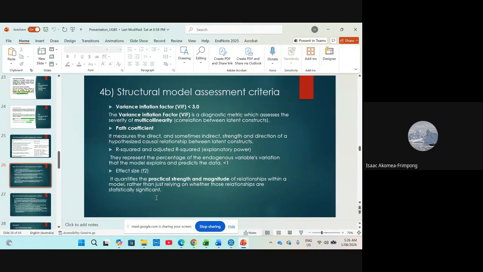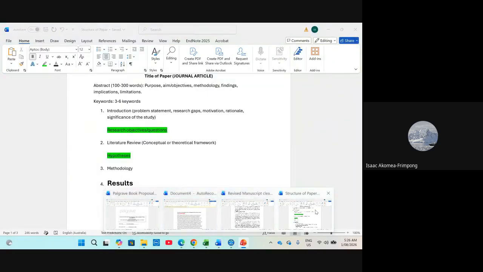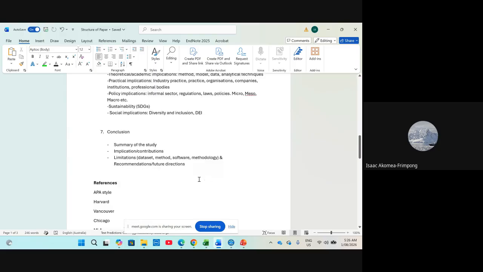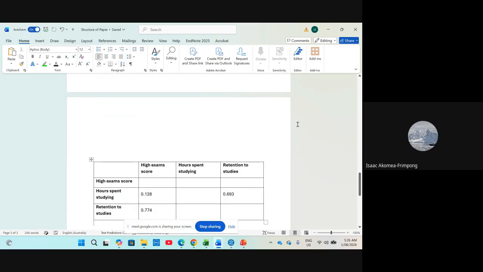In simple terms, if any of you have done a bit of statistics, mathematics, or normal regression, you come across something like this. This is very popular.